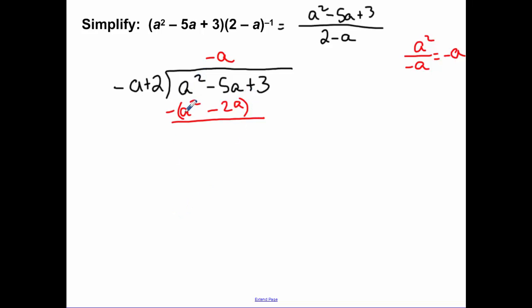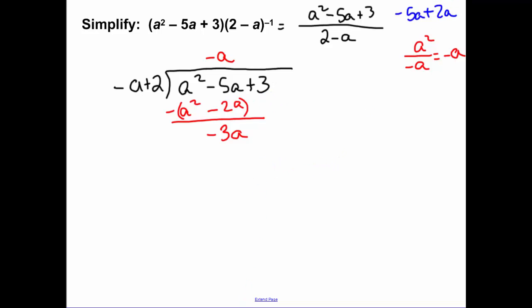So a squared minus a squared, that goes to 0. Negative 5a minus a negative 2a, that is a negative 3a. You might want to, over on the side, do a negative 5a minus a negative 2a.